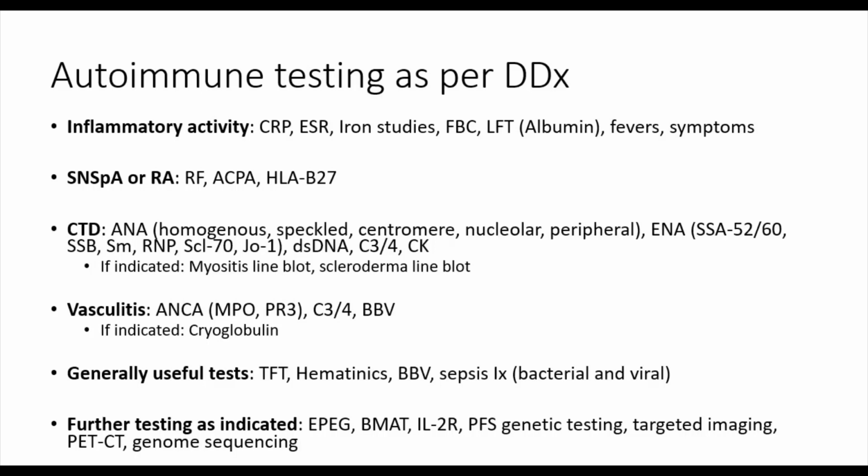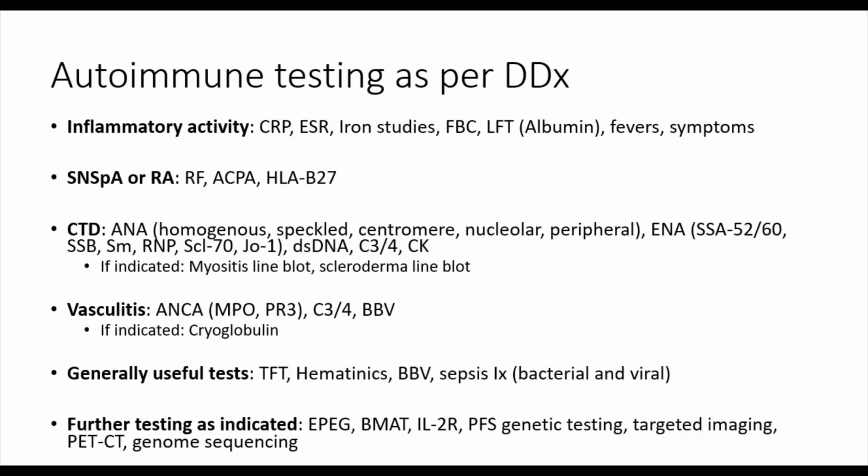However, the PET-CT scan cannot be used to confirm the diagnosis because FDG-avid disease will be seen regardless of the etiology, whether it be an autoimmune disease, malignancy, or infection.